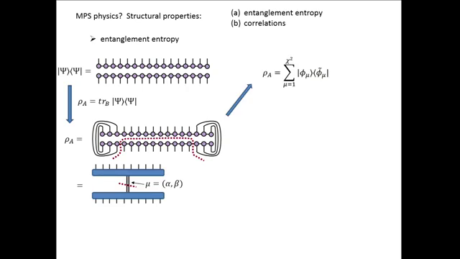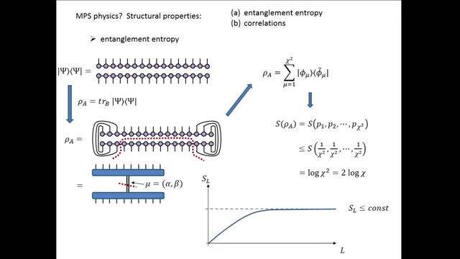That means that the density matrix has at most chi squared non-zero eigenvalues, and that automatically gives us that the entropy is upper bounded by log of chi squared, or 2 log of chi. We saw that saturation of the entropy. It might be growing at short distances, but as you take the region larger and larger, the entanglement entropy between this region and the rest is going to saturate.